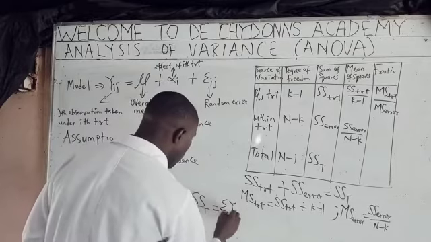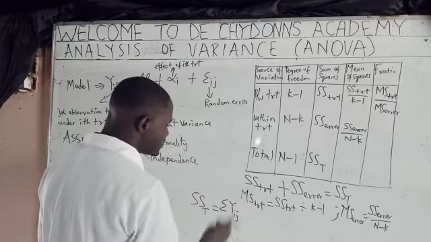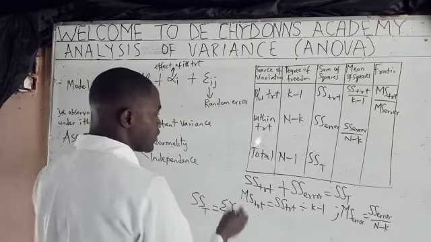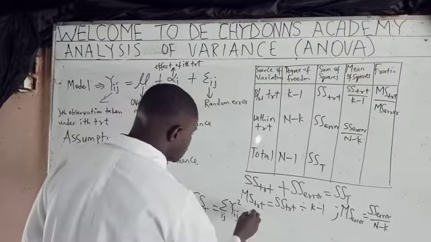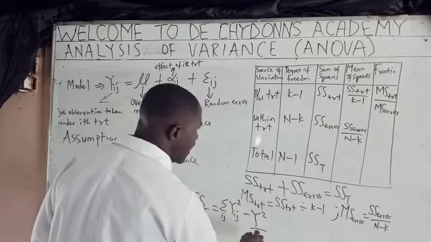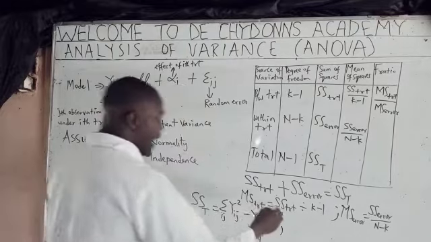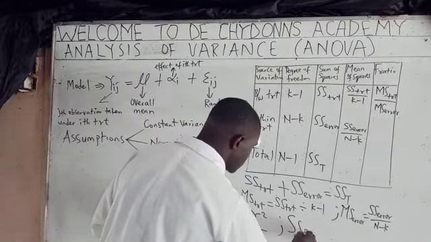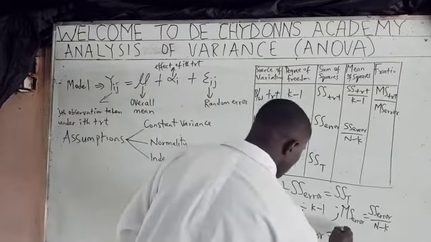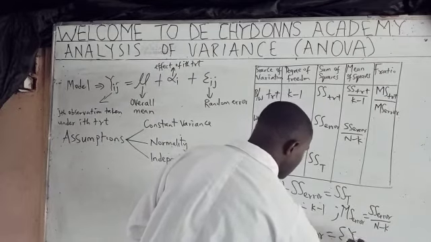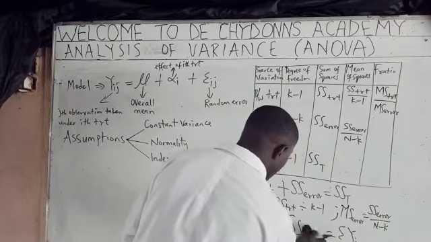We also know that SS total is equal to summation of Yij, that's summation of jth observation taken under ith treatment, all squared minus y squared all over n. Then SS error will now be giving us... Let's start with SS treatment first.